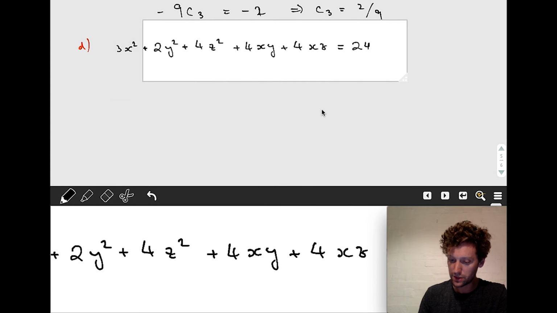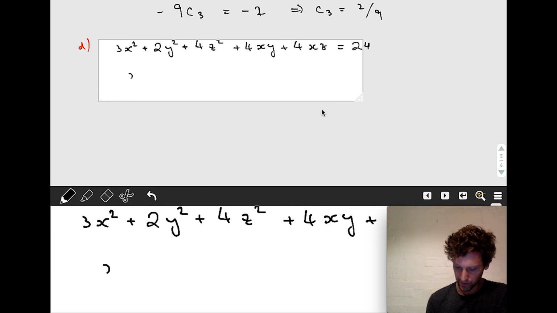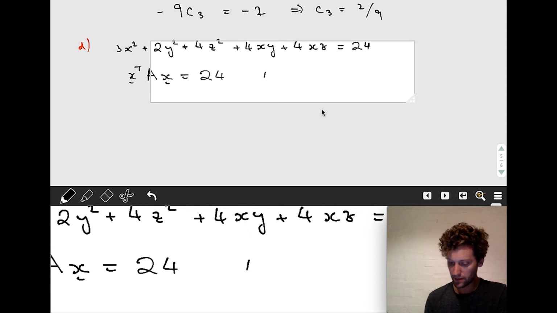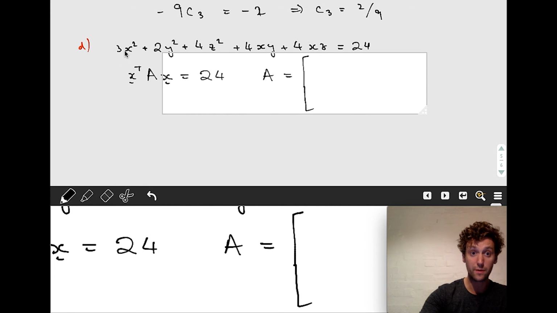So the first thing we need to do is to rewrite this in the form X transpose AX is equal to the same right-hand side, 24, and figure out what A is. So the way we did that was by identifying the diagonal terms as corresponding to x squared, y squared, and z squared.